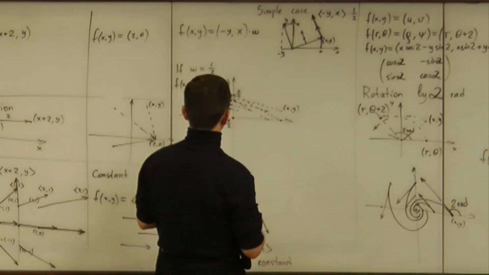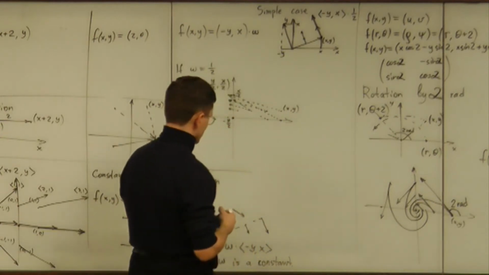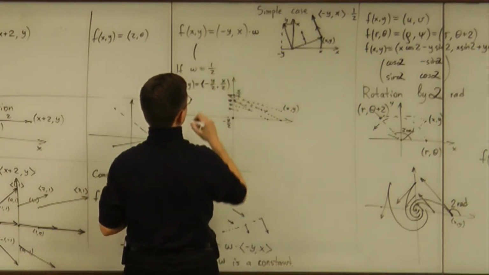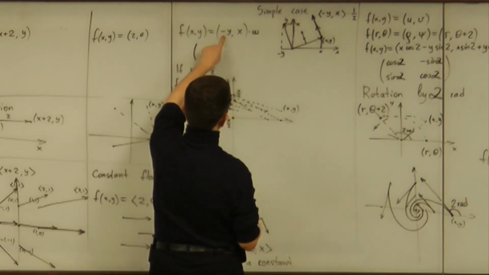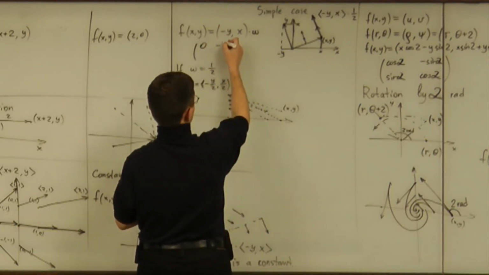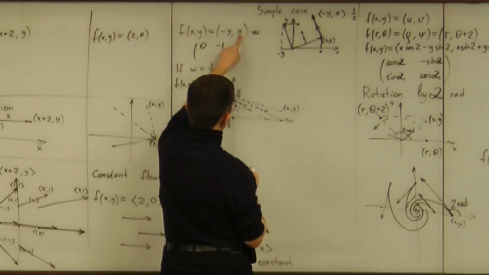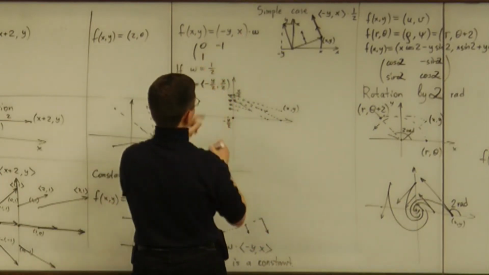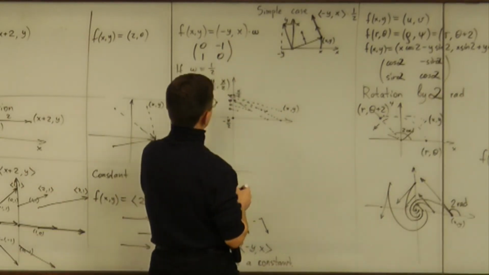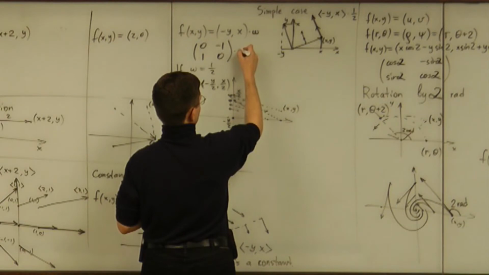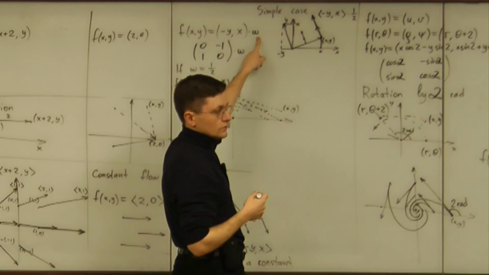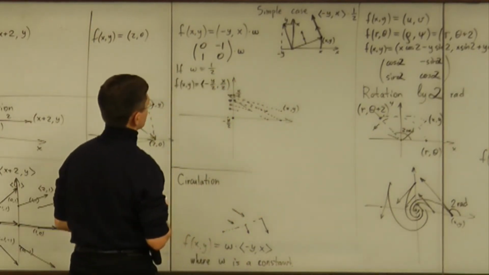Now, what about this example? Circulation. So what's the matrix representing this phenomenon algebraically? The rate of change of u with respect to x is 0. The rate of change of u with respect to y is -1. The rate of change of v with respect to x is 1, the rate of change of v with respect to y is 0. So that's the matrix, and that needs to be multiplied by omega if there is a non-unit angular speed involved.